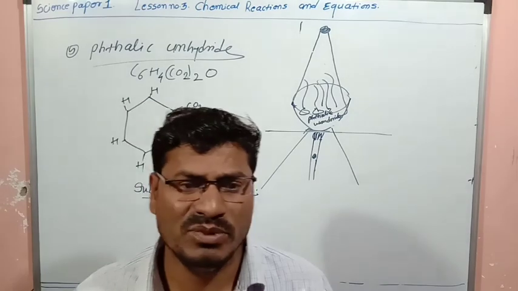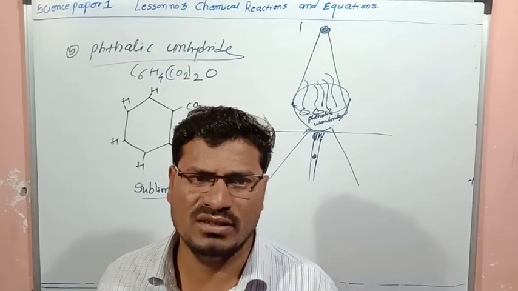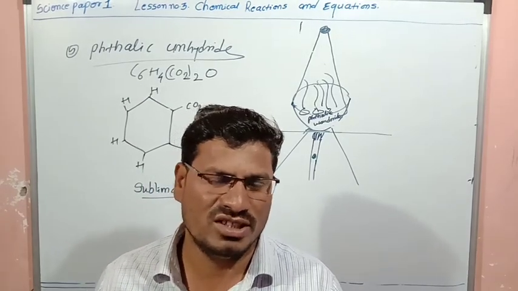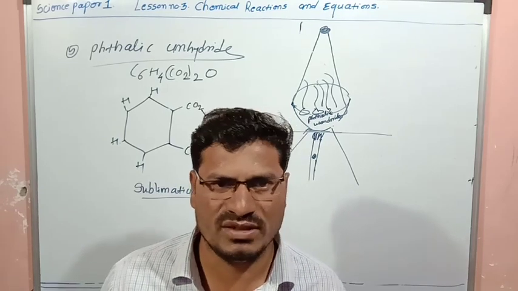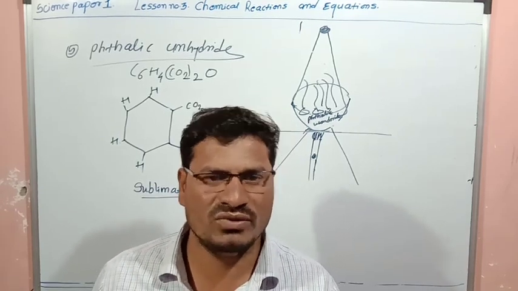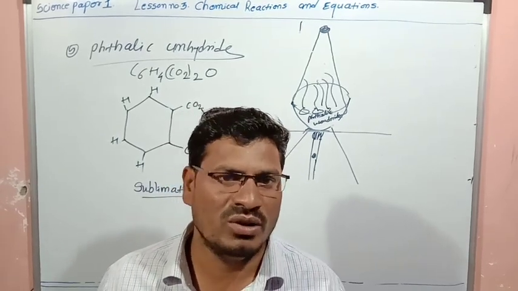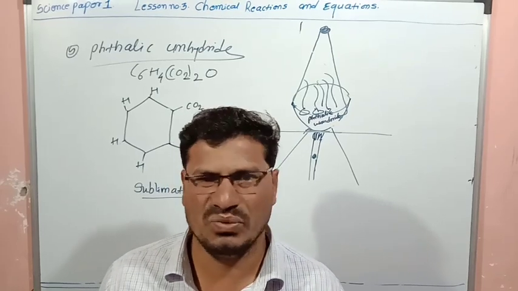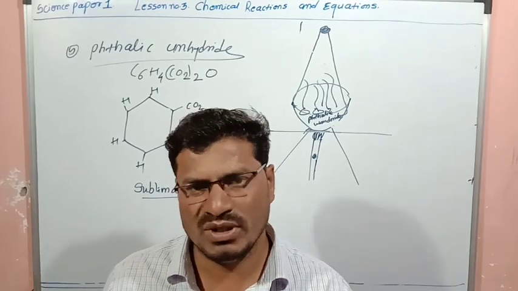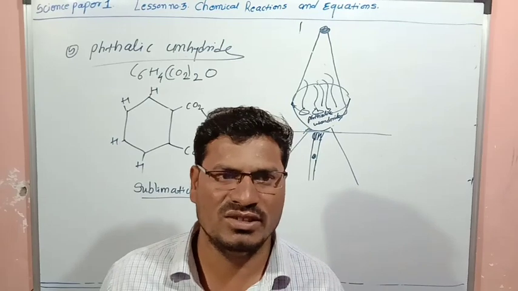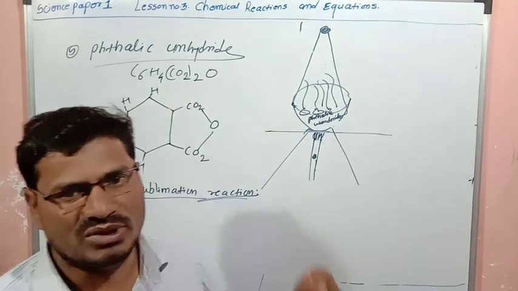So what do you mean by sublimation reaction? In the sublimation reaction, solid gets converted into its vapors and vapors get converted into solid without getting converted into liquid state. This is called a sublimation process.